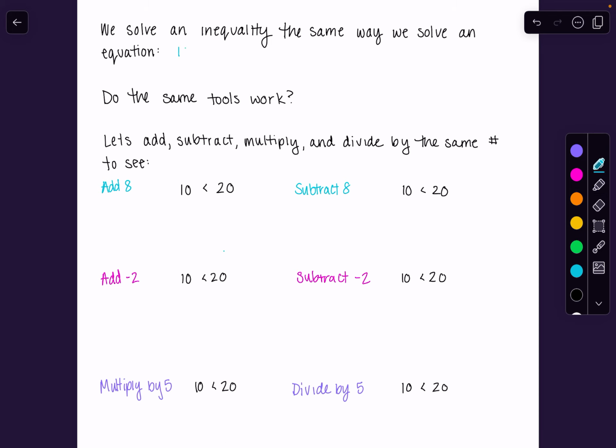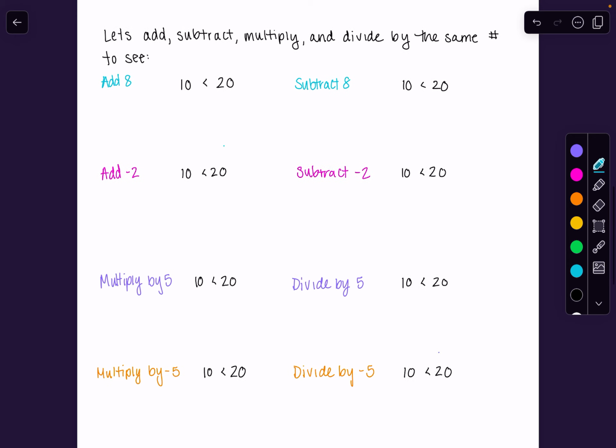Your whole goal is isolate the variable. But we want to see, do the same tools end up working? So I'm going to add, subtract, multiply, and divide by a bunch of different numbers to see, do I keep my same underlying meaning? I'm going to start in all of these with true statements to see what happens.